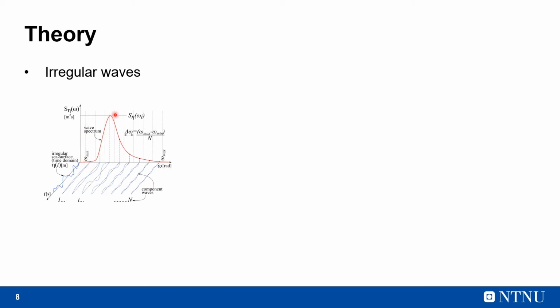If we split the frequency range into frequency intervals of delta omega, and if the frequency intervals are sufficiently small, we assume that the energy represented by waves of frequencies lying within any given frequency interval can be represented by a single representative frequency. Then we can use the relation between the wave amplitude and the wave energy and determine the amplitude of this representative wave.